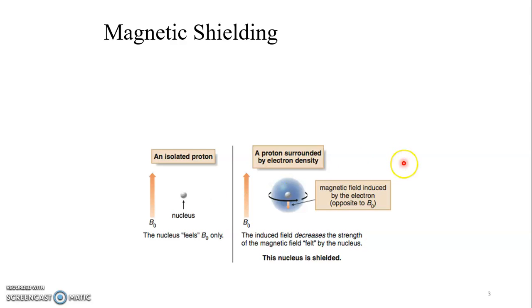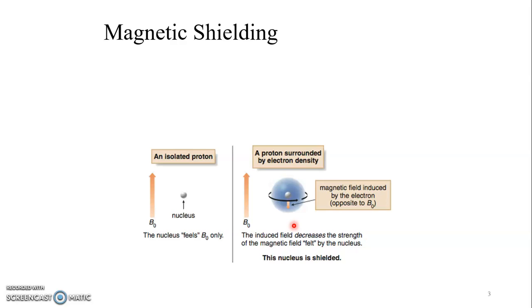But look at the second picture. When the proton is surrounded by electron density and we apply an external field, the proton and also the electron cloud will feel the external magnetic field. That means, in addition to the external field, the proton will feel the field of the electrons also.